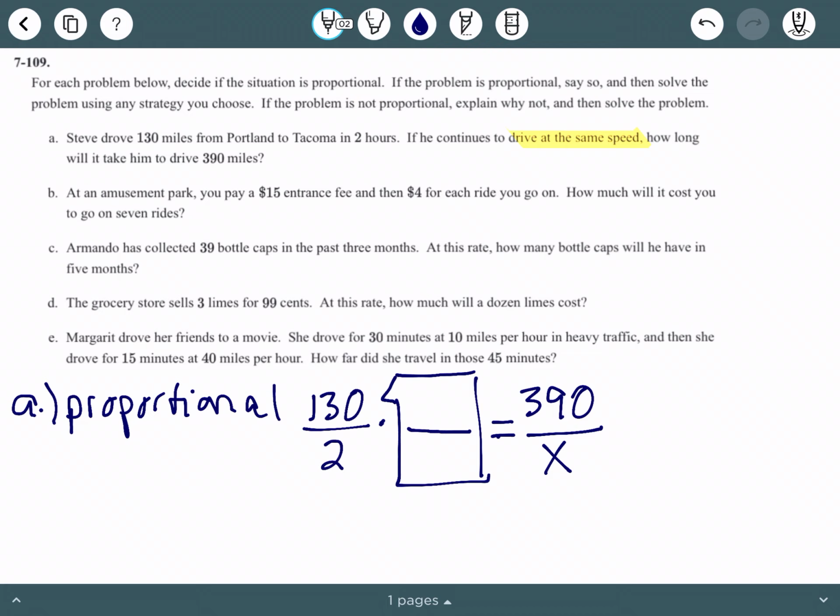Okay, now what I need to do is figure out 130 times what gives me 390. So I see that 130 times 3, just by looking at it, oh, well, 130, if we multiply that by 3, we can get 390.